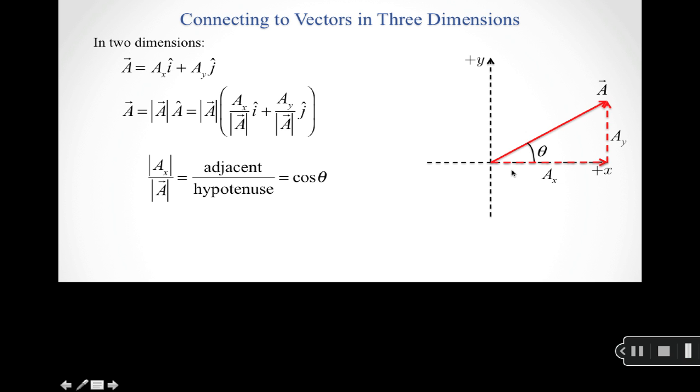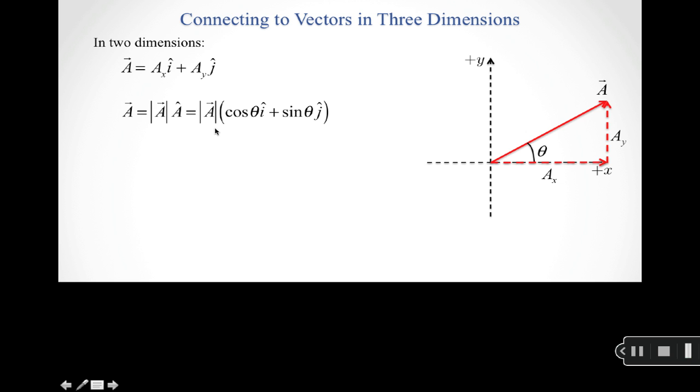If I look at the y component of this unit vector in 2 space, it's the opposite side to my angle theta, divided by the hypotenuse, again the magnitude of vector A. So this is really nothing more than the sine of theta.